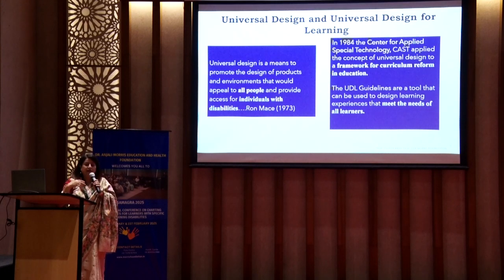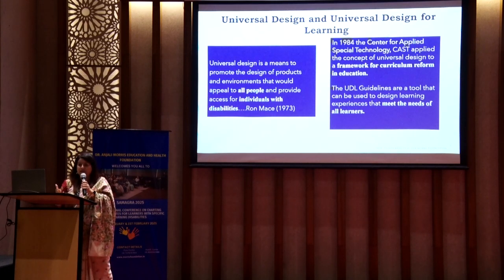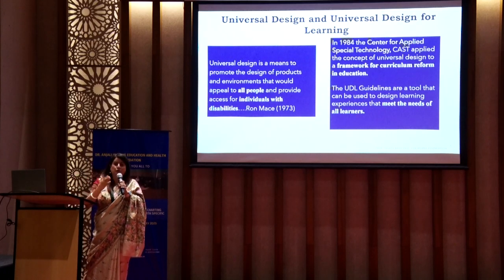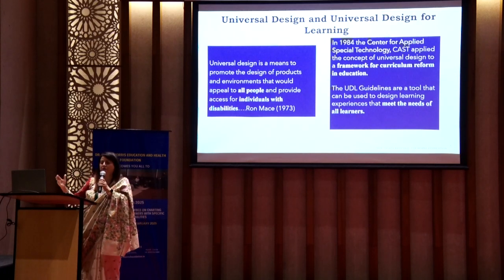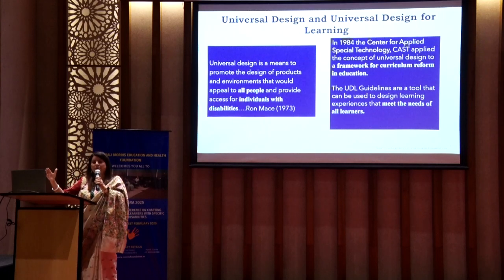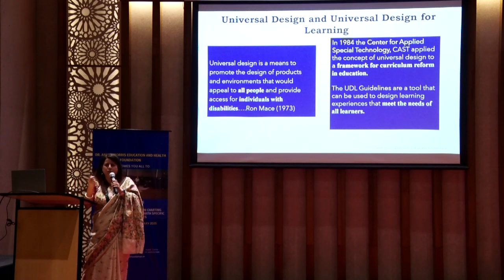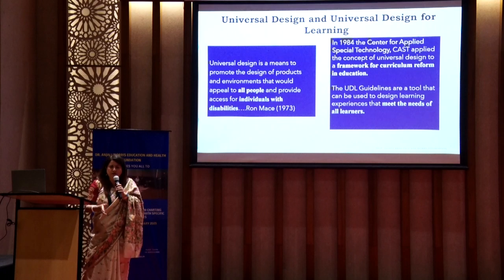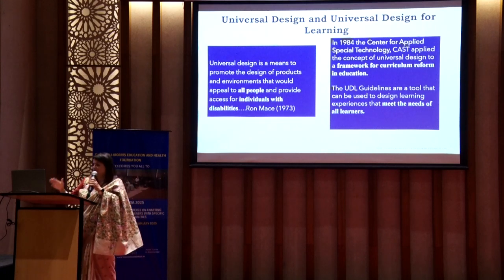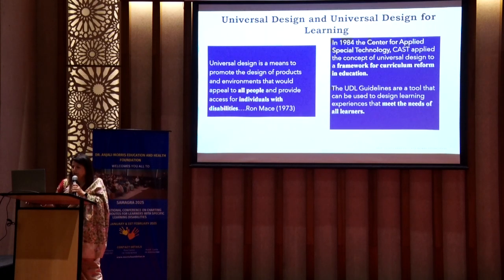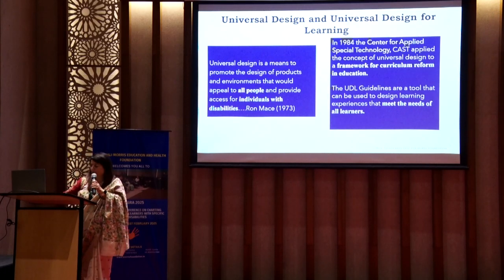To help students with different disabilities, it is important that it has that universal appeal, and we do not need to exclude those marginalized students to a separate classroom, when we talk about pull out, pull in. Instead, let everybody be in the main class and learn together. The UDL guidelines are a tool that can be used to design learning experiences that meet the needs of all the learners.